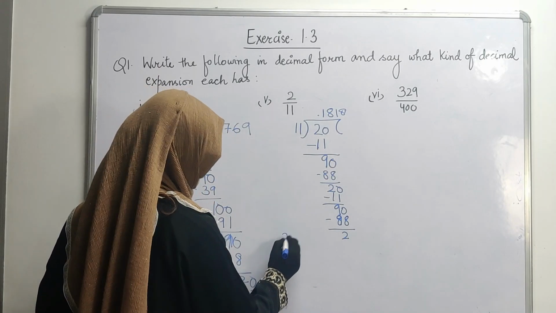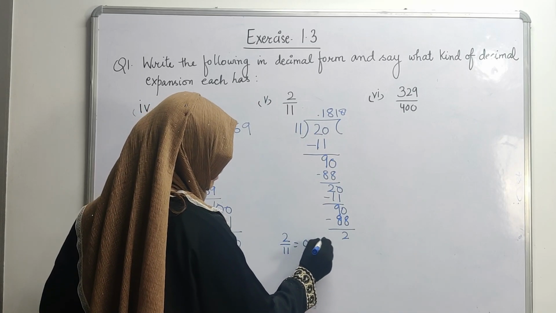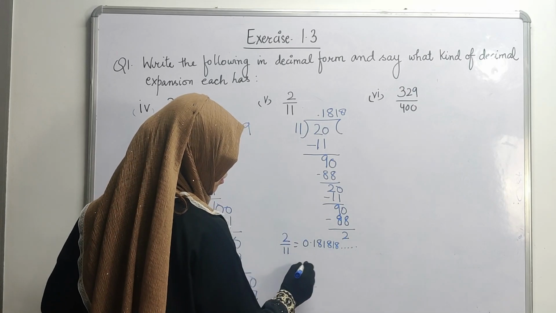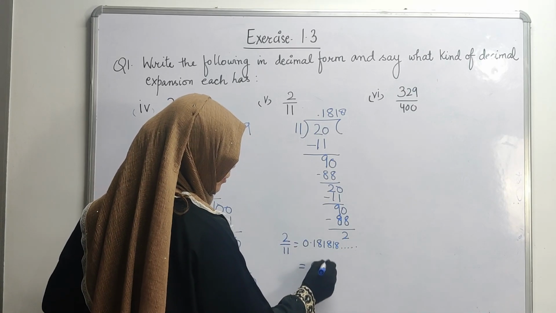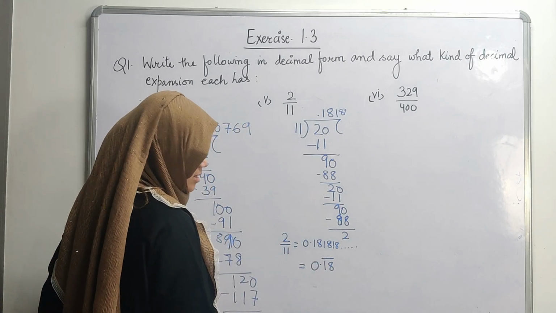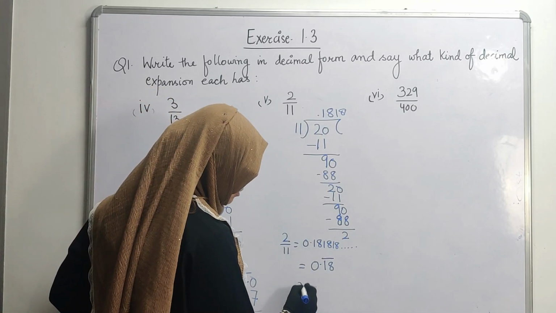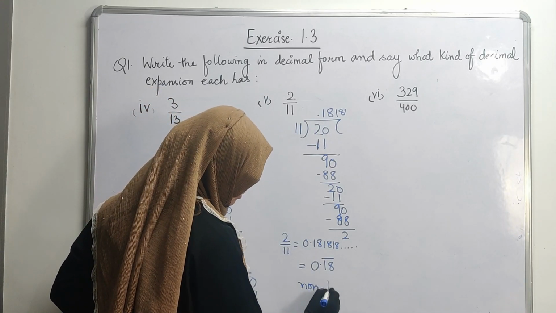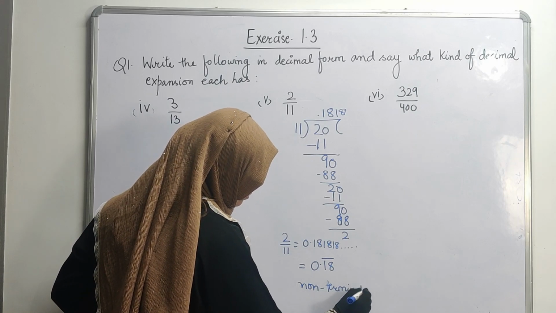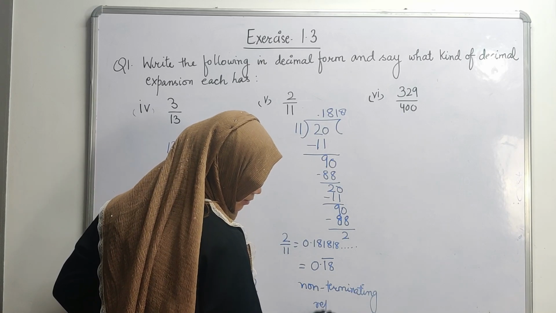Decimal expansion of 2 upon 11 is 0.181818 and so on, or you can write it as 0.18 bar. It means your decimal expansion is non-terminating, repeating.